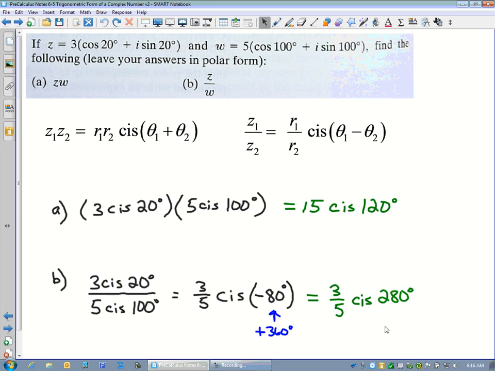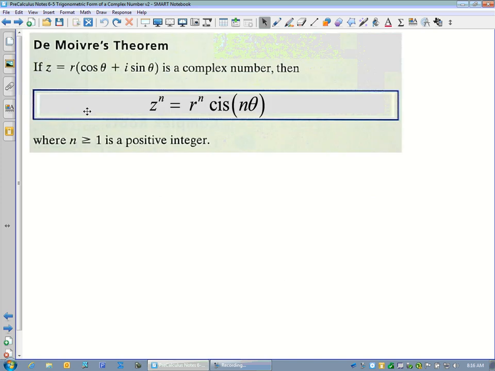Okay, let's look at how we can further expand these ideas into what's called de Moivre's theorem. And I know a lot of people mispronounce this the first time they see it, but the correct pronunciation is de Moivre's theorem. And this says that if we wanted to raise a complex number to a power, then we can do a little shortcut formula as long as we're in polar form.